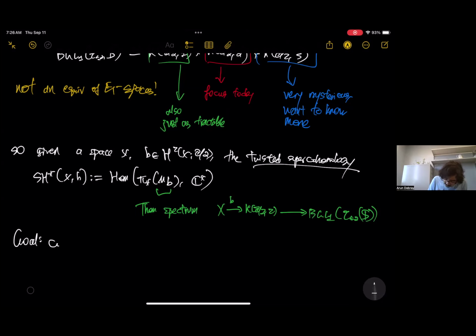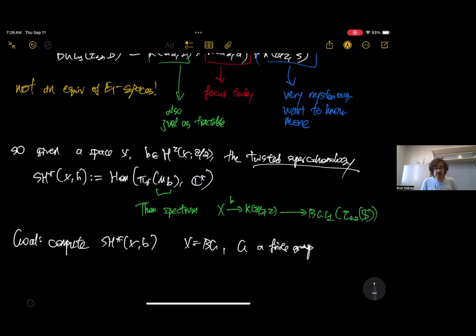And our goal is to compute, say, the twisted supercohomology of X with twist B, where X is BG for groups of interest. Other computations of supercohomology are surely interesting, but this is the thing that I'm most interested in. And then especially in low degrees.